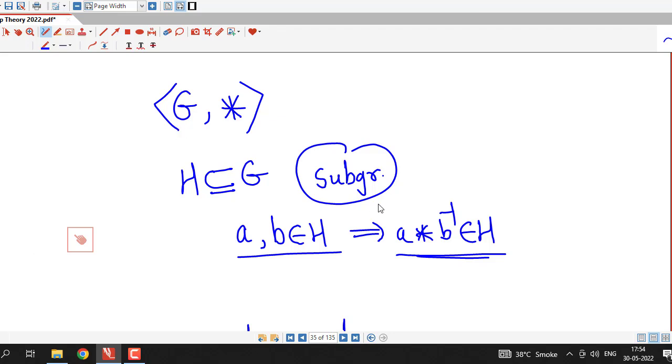And the definition of normal subgroup is: H must be a subgroup of group G, and an extra condition is required.